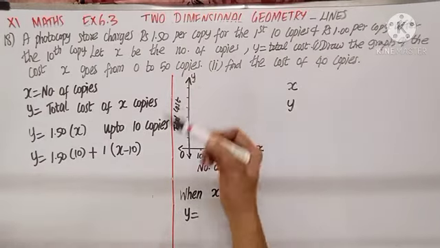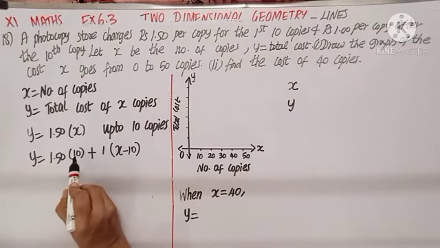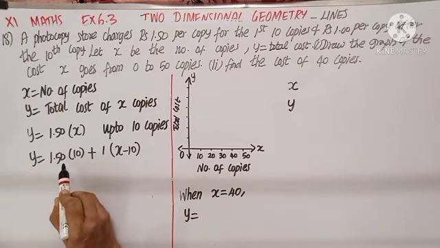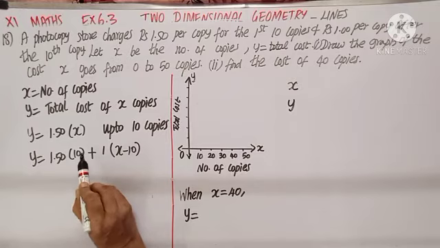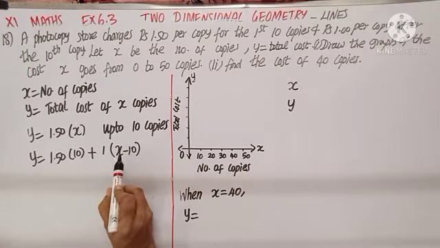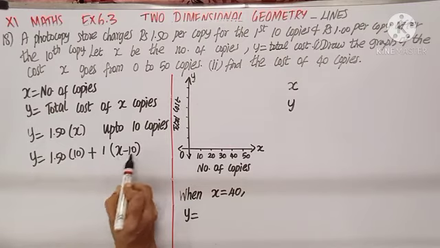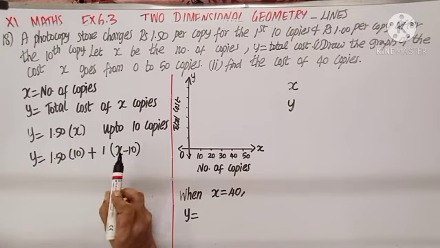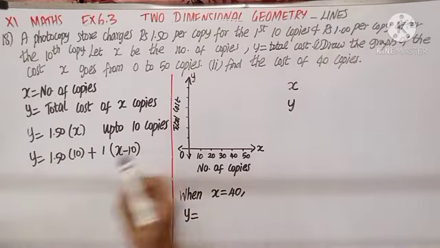The next condition is, first 10 copies, it is 1.50, and from the 11th copy onwards, that is for the copies which are more than 10, X minus 10 will be the remaining copies. For those copies, the cost is 1.